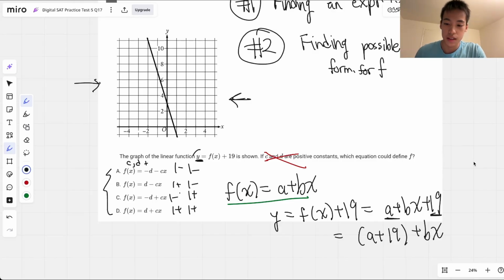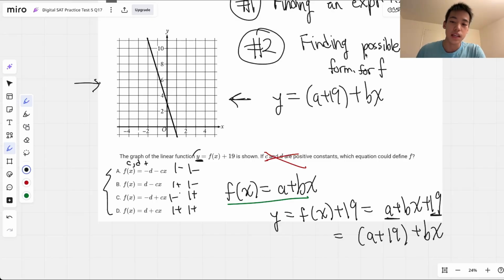Okay, now let's look at our graph and deduce whether a and b are positive or negative. So the form here, I'm going to write it again, is a plus 19 plus bx.